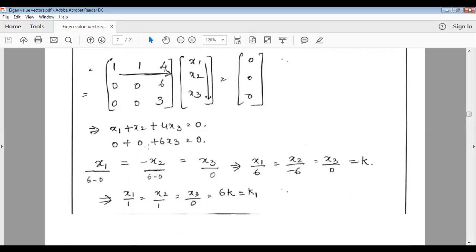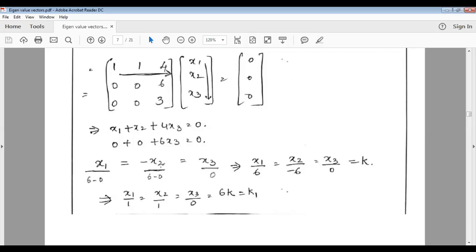So I'm going to take the first equation, and here I can use either Cramer's rule or just cross multiplying. I want to find the equation for x1, so I write x1 here, and I ignore x1 and this 0. So what I have here is 6 into 1 minus 0, divided by 6 minus 0, equal to, the next term is minus x2, so I leave this 0 here, and I have 6 minus 0.